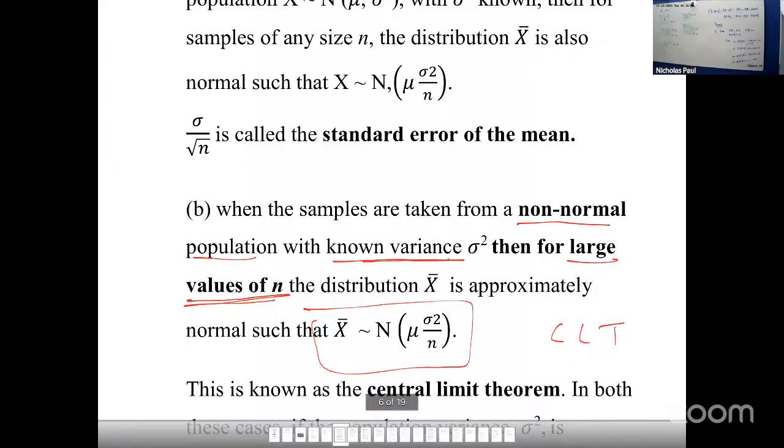Put in brackets, n is normally more than 30, right? When they say large, n is more than or equal to 30. That's the value that they use as a reference. More than 30, they consider that large.